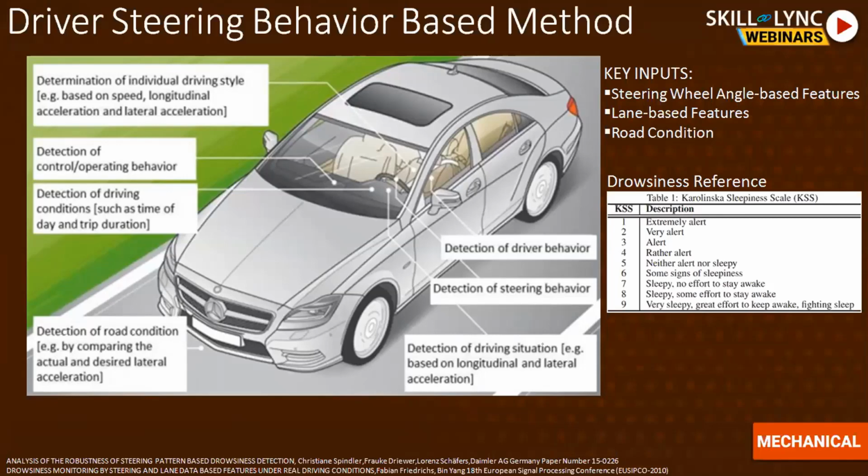They came up with a complex model that maps all these inputs to this scale while driving normally or while driving distracted. So in essence, this technique uses a lot of sensing information and it's a very complex adaptive model that correlates all these inputs to the drowsiness scale that we have.